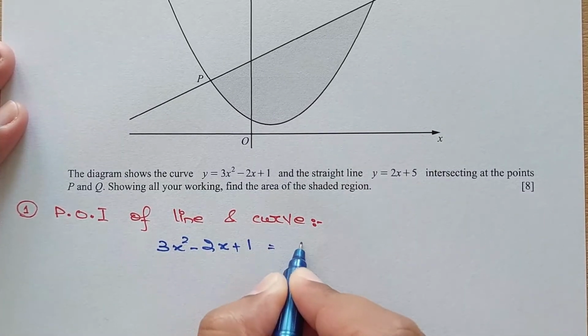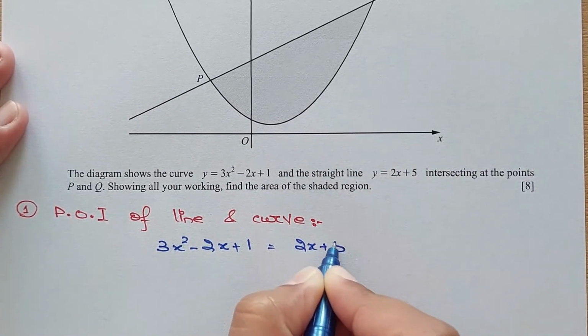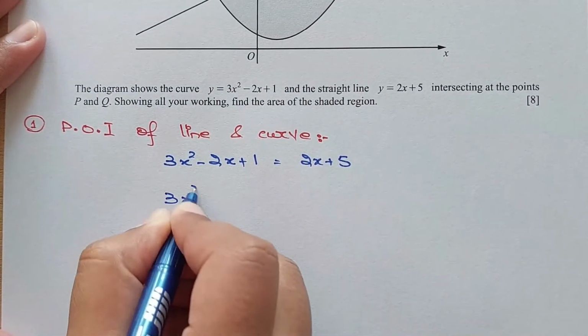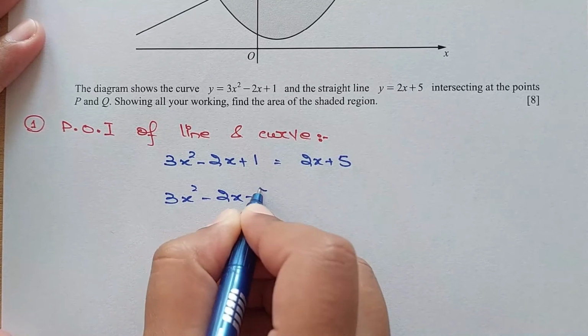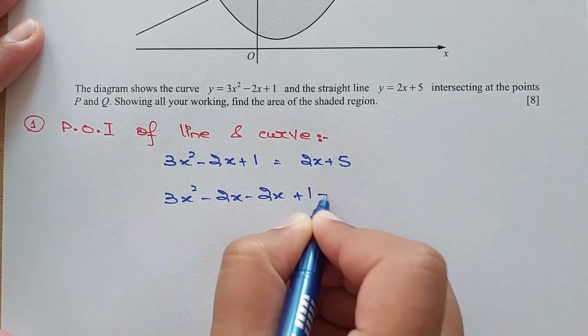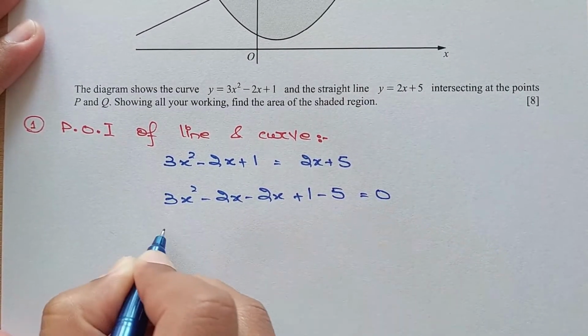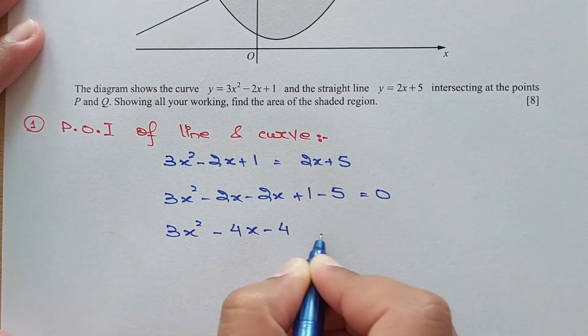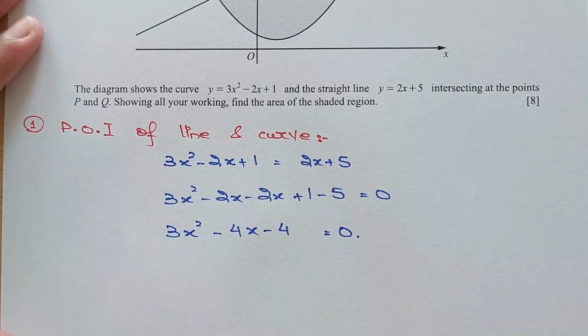This is equal to the line 2x plus 5, right? Now let me simplify. So we have 3x square minus 2x plus 1 minus 5 equals to 0. 3x square minus 4x minus 4 equals to 0, right?